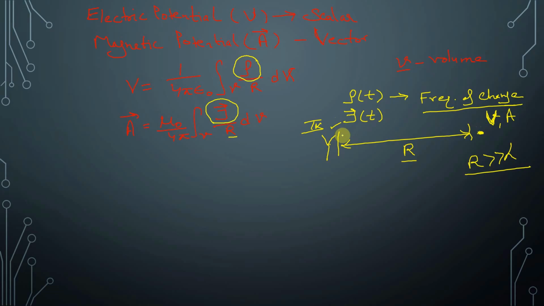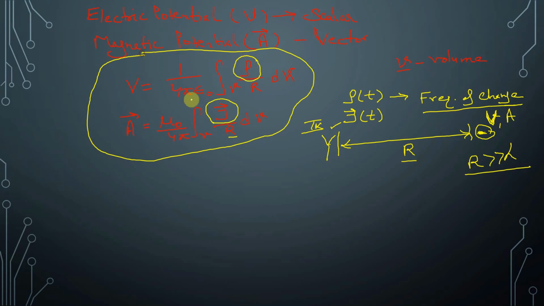So when you consider that time delay to reach that point from the antenna, that potential is called retarded potential. We will see how we can derive this. We have already derived these formulas; you can see my previous videos.